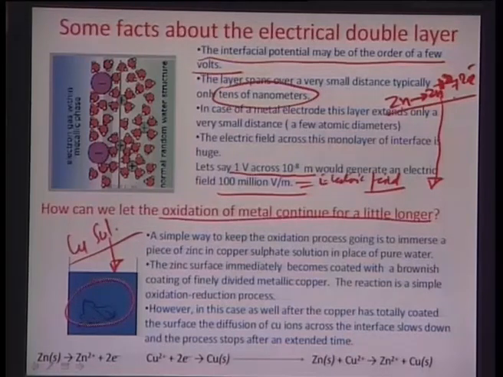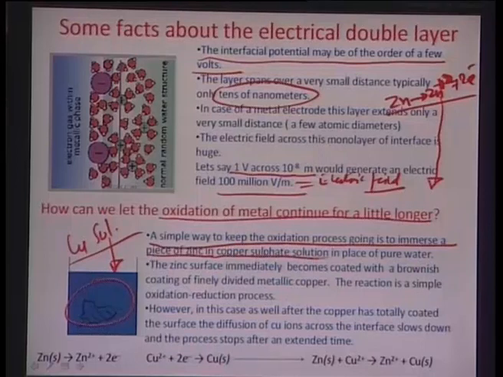So, a simple way to keep the oxidation process going is to immerse the piece of zinc, rather than in water, in a solution of copper sulfate. Okay. So, copper again is an electrically active material, and also there is a tendency of zinc to displace copper from its solution.